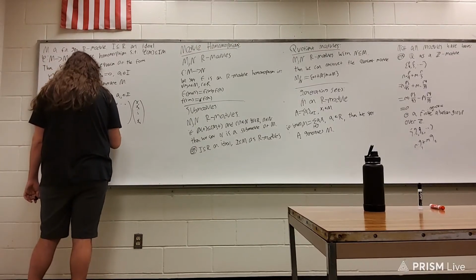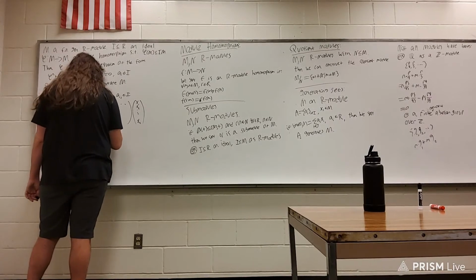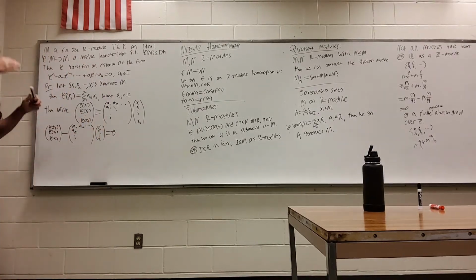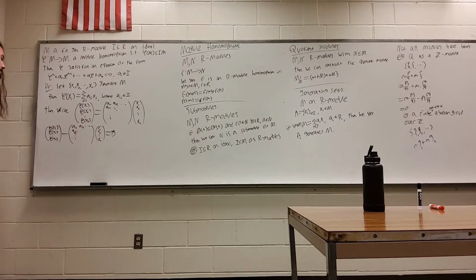And I will write it as the 0 vector because it is a column with a bunch of zeros, and that'll be important later.